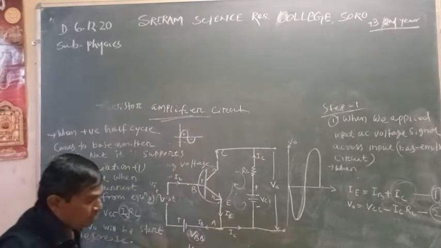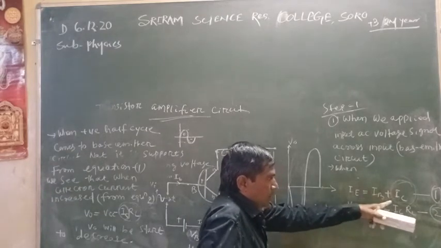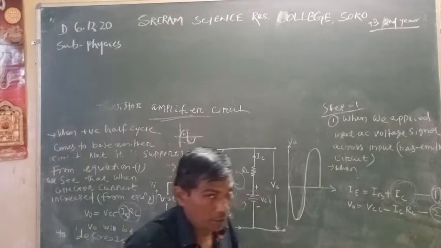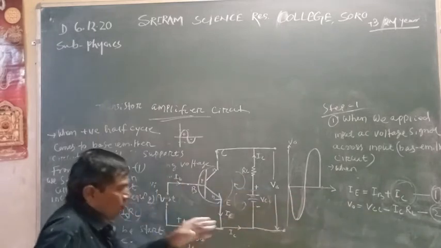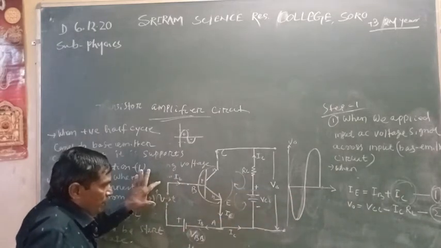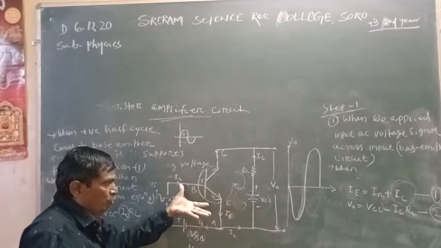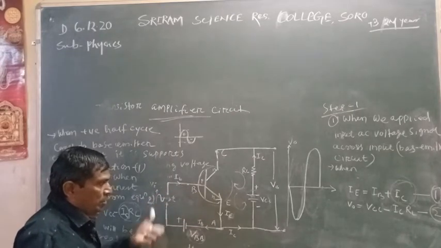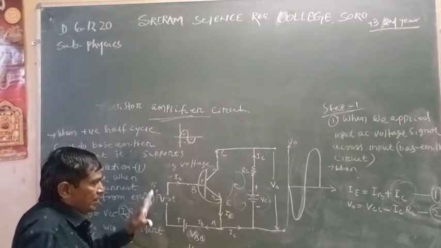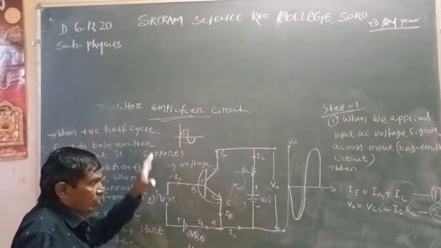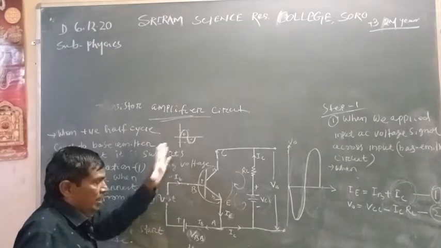Now from equation 2, when the collector current increases, why does the collector current increase? We see the collector current increases when an AC input signal is applied through the base emitter junction, the input circuit. The applied AC signal consists of two components, the positive half cycle and the negative half cycle.